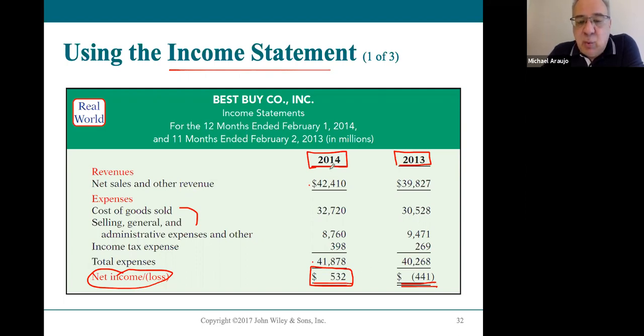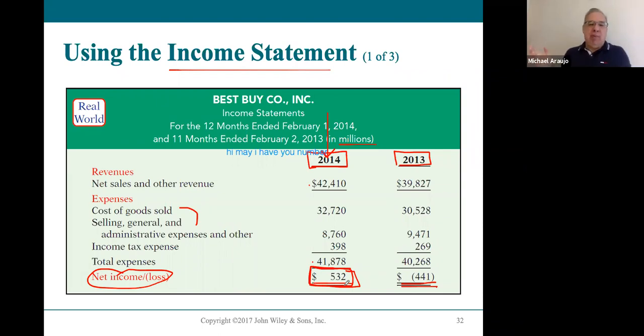So let's say you were one of, and we're going to focus on 2014's numbers here, okay? Let's say you were one of the stockholders, and Best Buy has millions of stockholders, and you saw that the company had a $532 million profit.